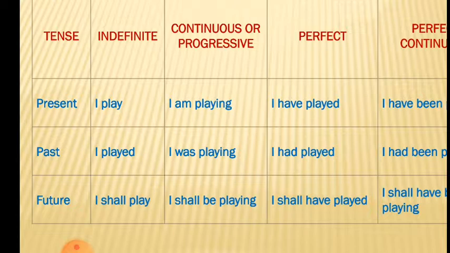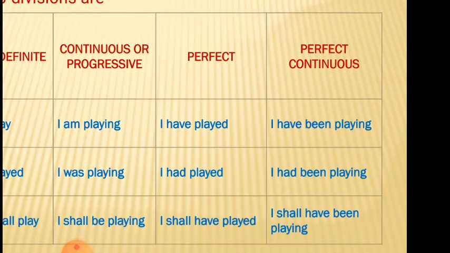With the perfect tense we use the words like have, had, and shall have along with the past participle form of the verb. So I have played, I had played, and in the future tense we use it as I shall have played.